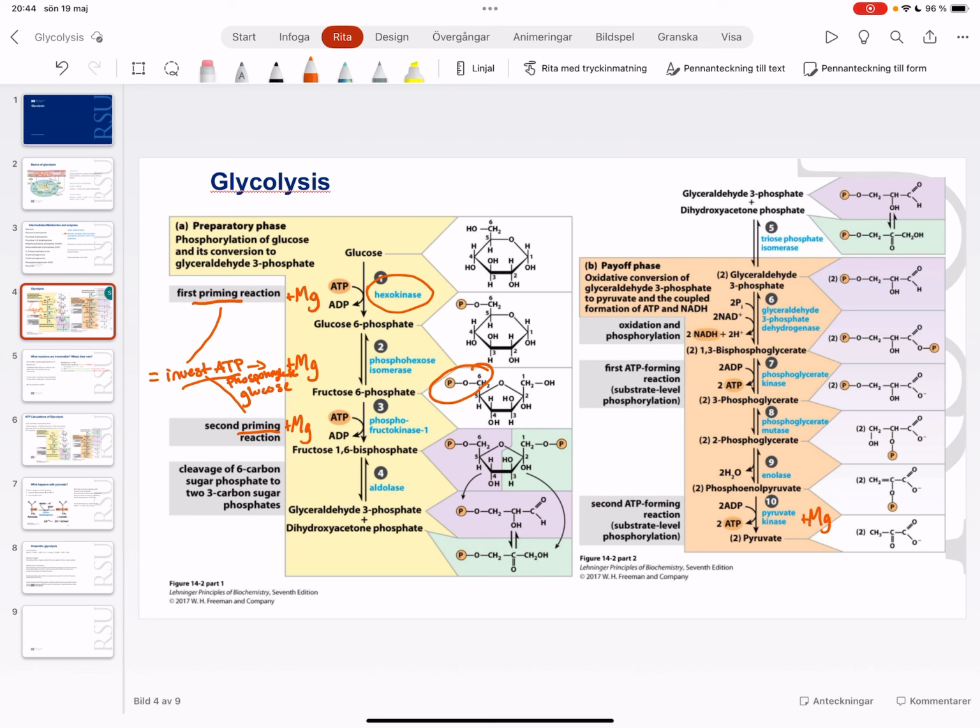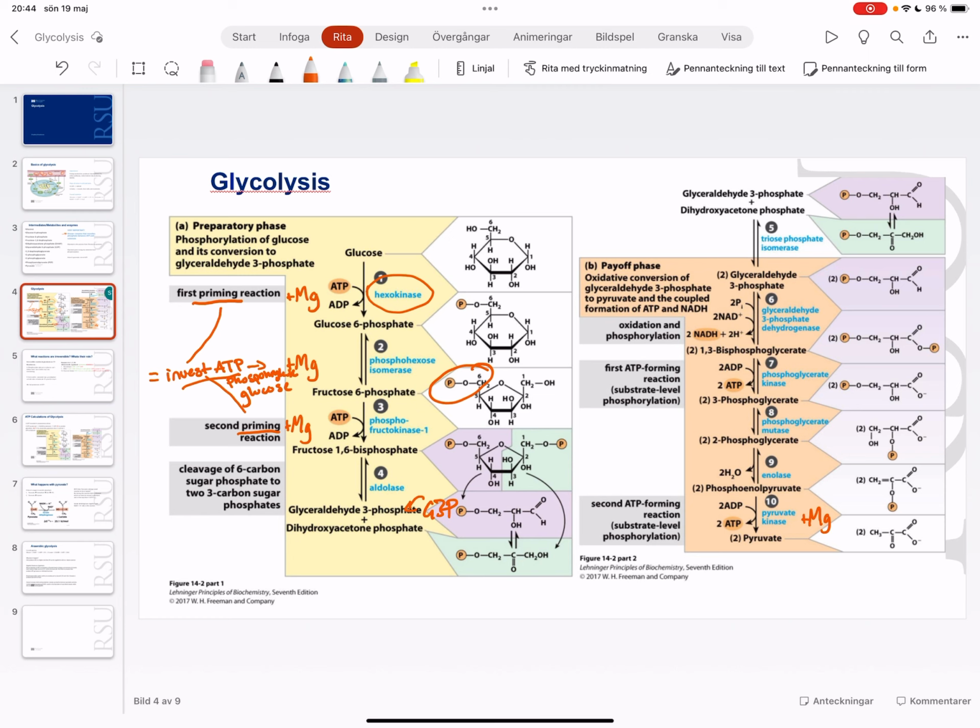Then we produce glyceraldehyde 3-phosphate and dihydroxyacetone phosphate. With glyceraldehyde 3-phosphate, you can see that it has an aldehyde, and on the 3rd carbon, counting 1, 2, 3, we have a phosphate. This is how we get the G3P molecule, which is this one.